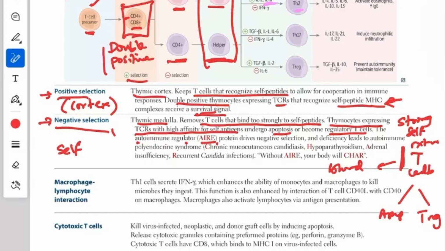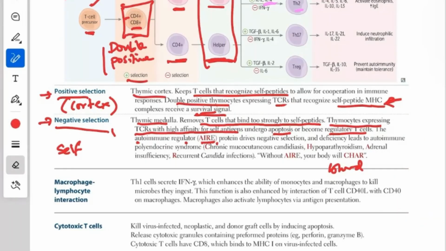So one condition that results from this deficiency is called autoimmune polyendocrine syndrome, due to a mutation in the AIRE gene. If that happens, negative selection does not happen. So T cells that can react very strongly to self antigens are allowed to escape the thymus and go out and can cause problems by attacking different organs.